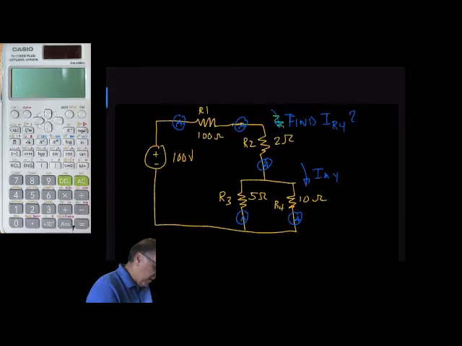So we could say R total, let me back up here, R total equals 10 plus 2 plus 5 ohms in parallel with the 10, and going back to that circuit just so you can see it. So we got 10 plus 2 plus 5 in parallel with 10.